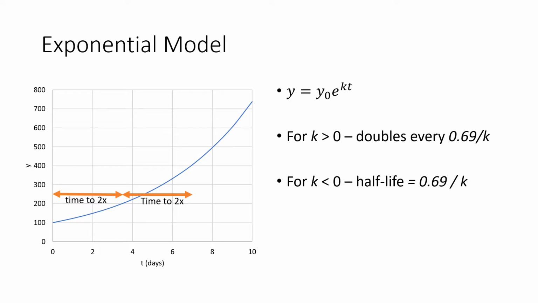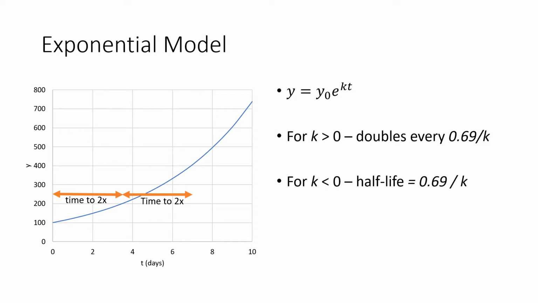We go out to a time of about 3.5, and you see that the y value has doubled. Now if we go to 400, you can see that the time is about 7. So it was 3.5 times 2. The time for the value to double is a constant period.